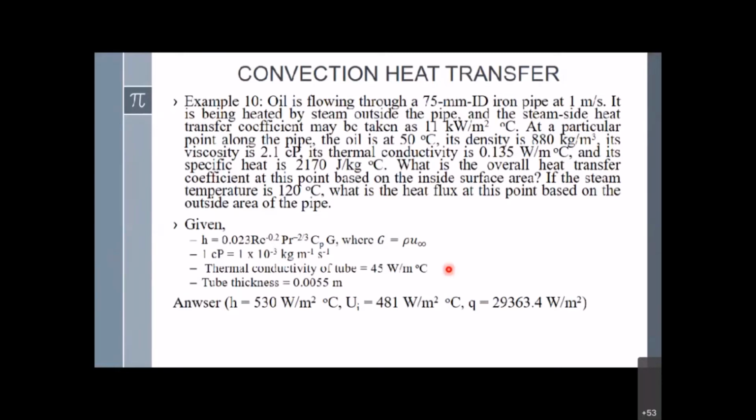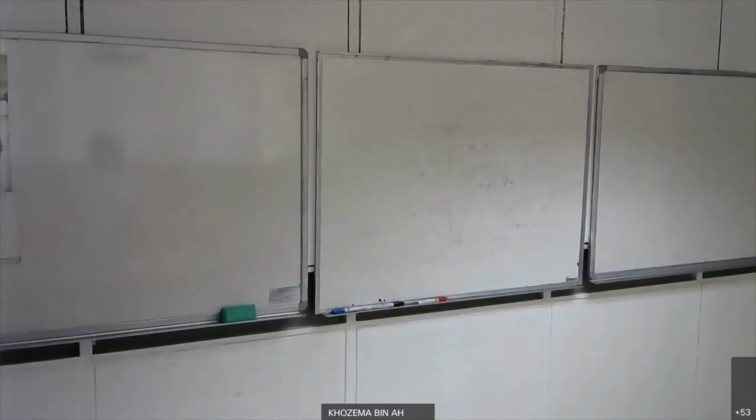So here you can see this is the combination of everything that we have been discussing so far. I'm not going to solve this question for you, but I'm going to tell you how everything is related to each other.